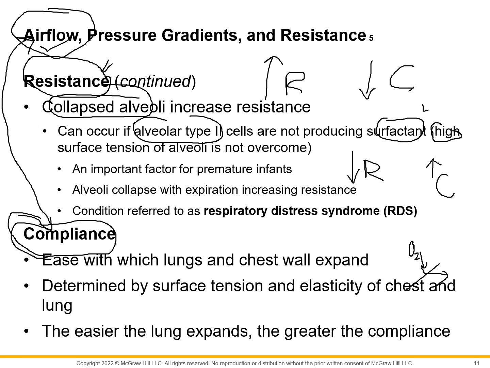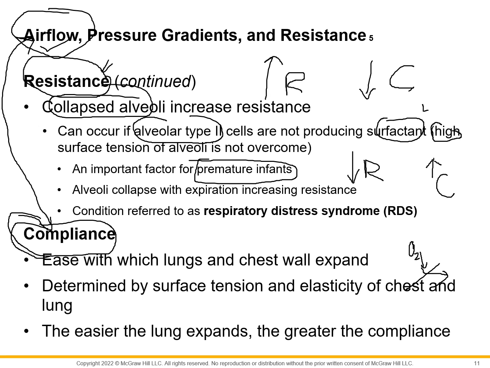Now, premature infants' lungs are one of the last organs to develop in utero because a fetus in utero is getting all its oxygen from the mother's bloodstream through the umbilical artery and umbilical vein, right? So the air is actually not entering the lung itself until the fetus is born.